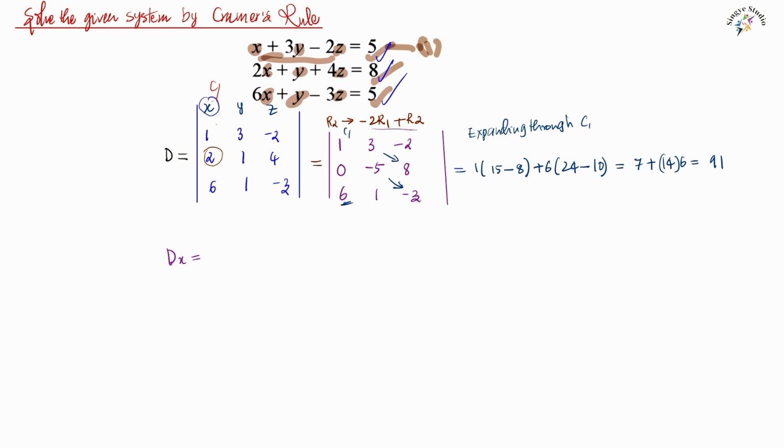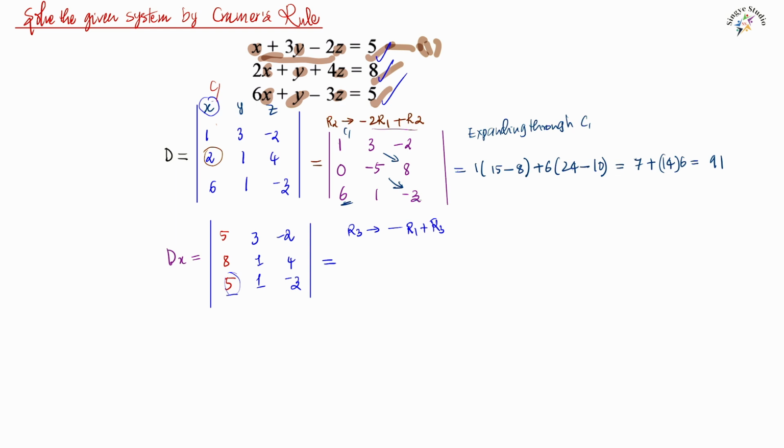So by doing this, we will get 5, 8, 5, then the remaining will remain same, and this is our dx. Now to make it easier, what I will do is I will make this 5, this row 3, 0, okay? Therefore, I will operate this row 3 by taking minus of row 1 and adding to row 3, okay?